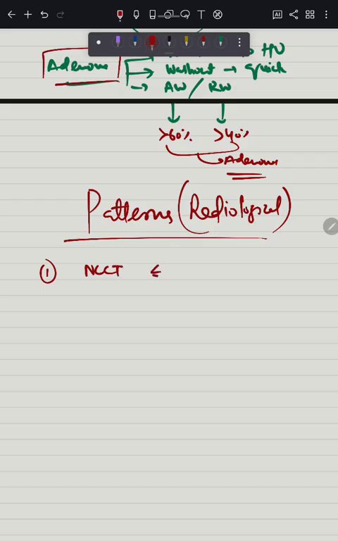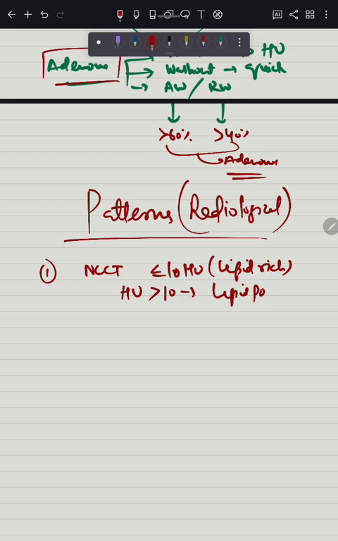We know if it's less than 10 HU, that means it's lipid rich, and if lipid poor, that means Hounsfield units will be greater than 10. Then you have to check further. Why are we describing this? Because if NCCT is already showing less than 10 Hounsfield units, then you are already certain that this is adenoma.